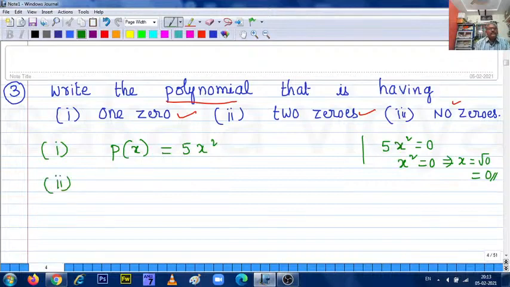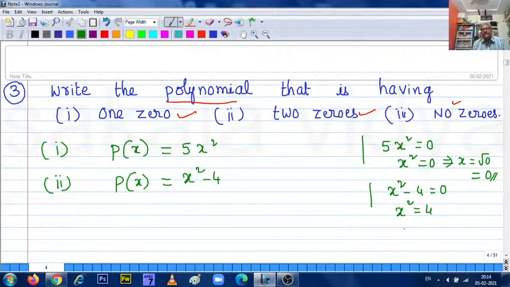Example for 2 zeros: say p of x is equal to x square minus 4. If you equate x square minus 4 is equal to 0, how many x values do you get? You need to get 2 x values, then we say that it has 2 zeros. X square is equal to 4, x is equal to square root of 4, so you get plus or minus 2. It has 2 zeros.